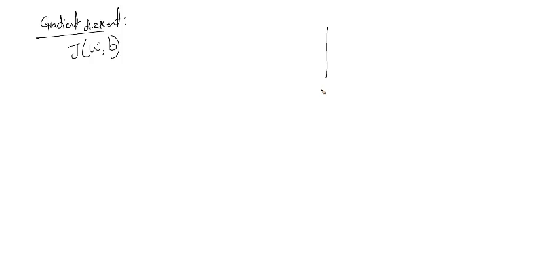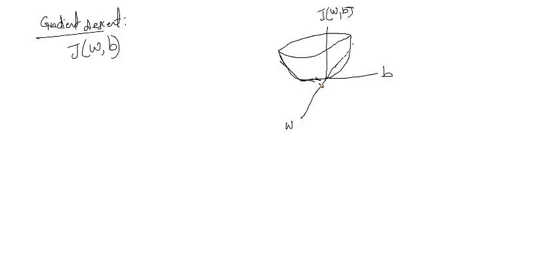If you have two variables, let's say this axis is our b and this is our w, and this vertical axis is our loss function or cost function, J of w comma b. The surface is like a bowl shape, and let's say this is where our minimum occurs.